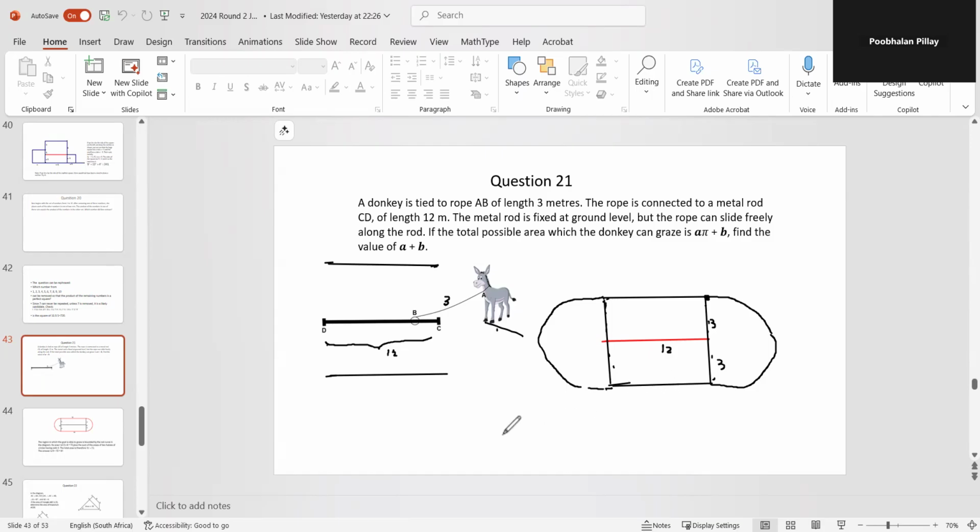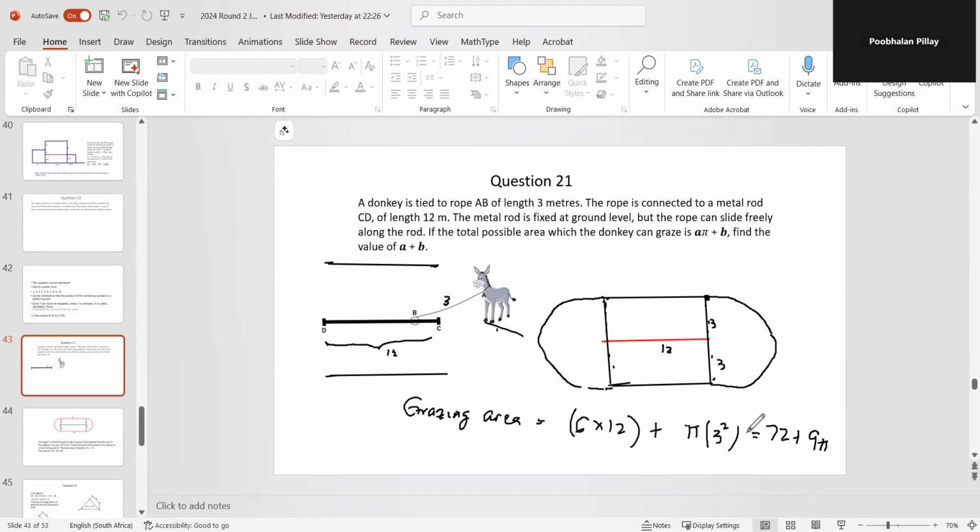So the grazing area equals the area of the rectangle, which is 6 times 12, plus half of pi times 3 squared, half here and another half, so 2 halves make a whole. Or otherwise, you can imagine both of them are merged together to get this area. So that's your grazing area. So that is 6 times 12 is 72 plus 9 pi.